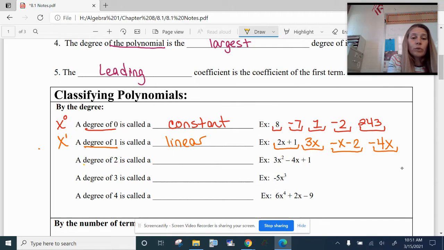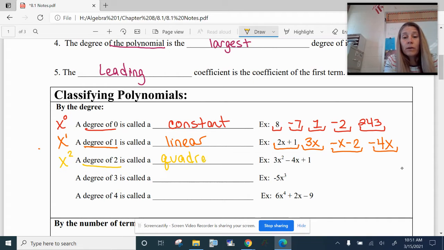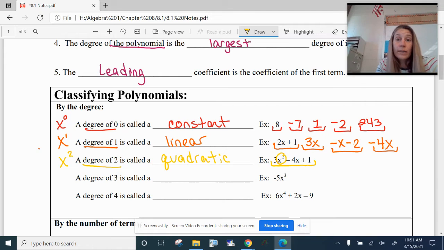Okay, so then the next one would be a degree of 2. This is basically an x squared that we're looking for, and these are called quadratic. The quadratic term will have to have an x to the second power as its largest degree. So here's an example. There's 3 terms here, but the largest one is that x squared.